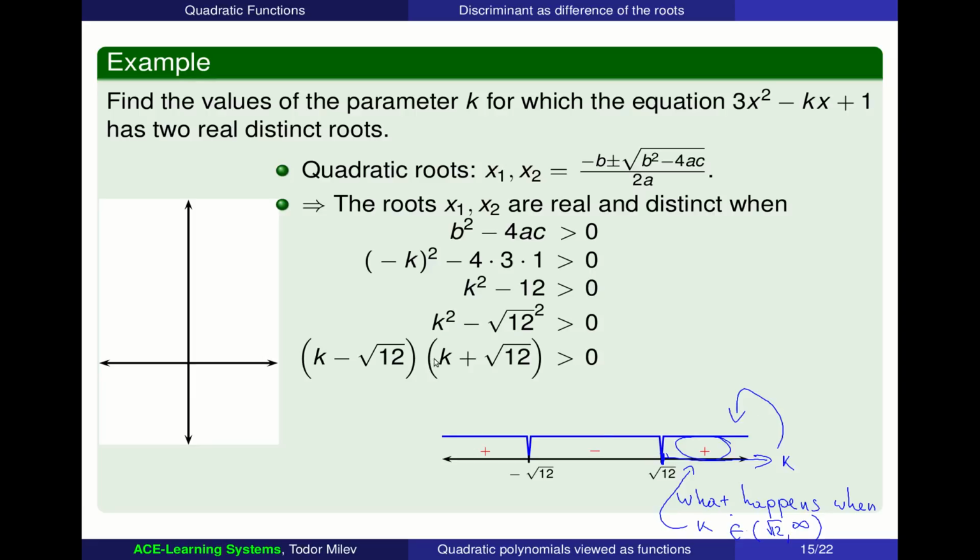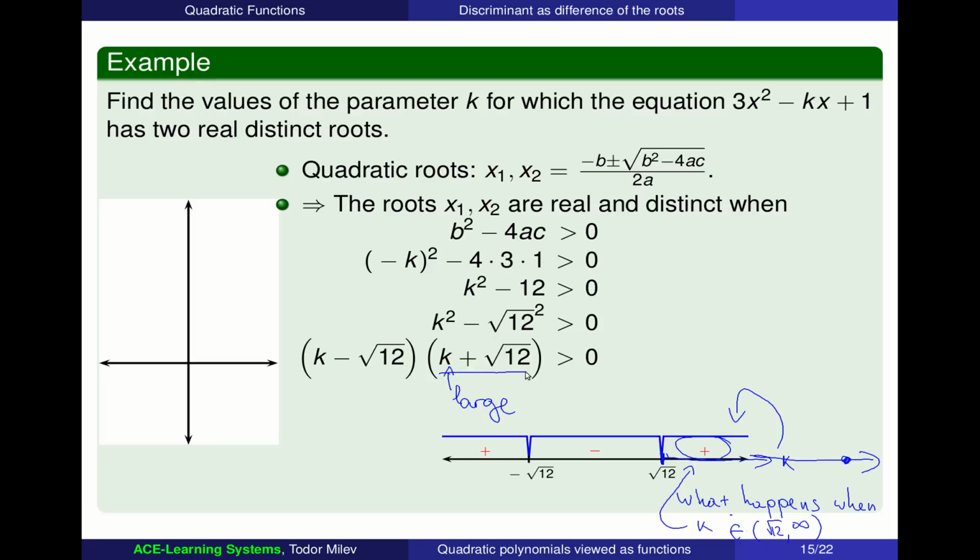Well, let's see. When k is very, very large, here's my real line, and I'm selecting the parameter k to be a number which is way, way bigger than radical of 12.